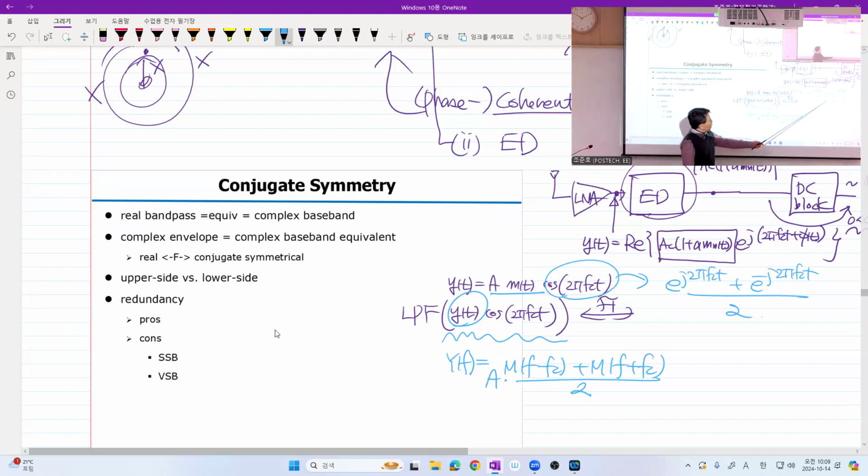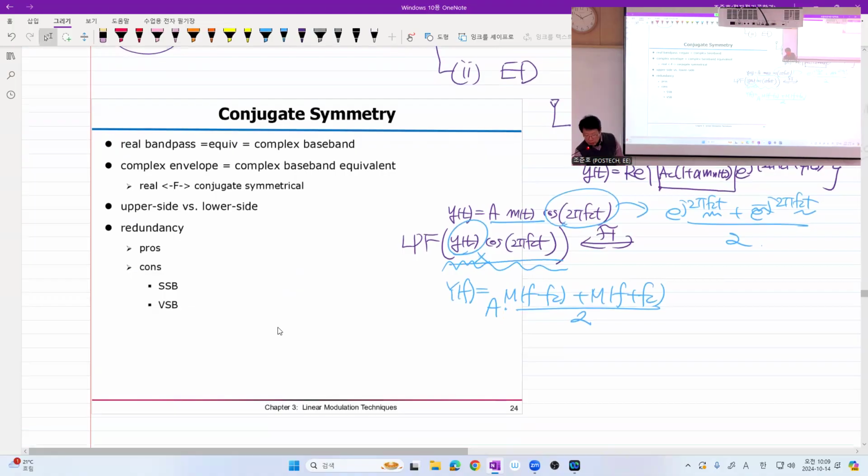So you have 1/2 here. And what is the Fourier transform of the pure complex sinusoidal signal? A Dirac delta function at fc and at negative fc. And what is multiplication in time in the frequency domain? Convolution. That's why you have this one. So the input to the low pass filter is simply something like this.